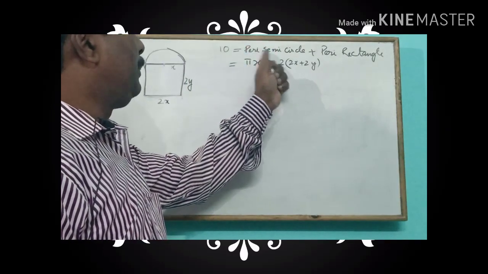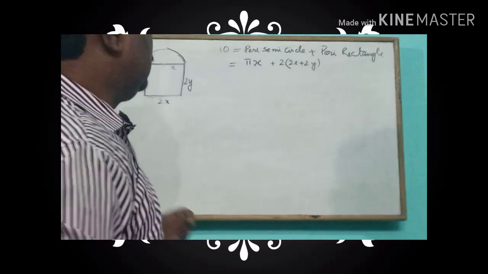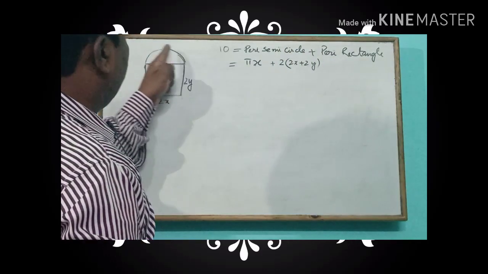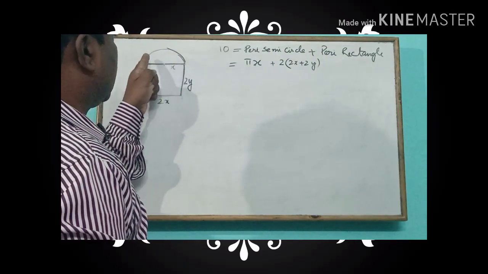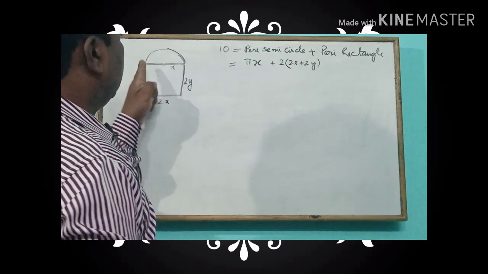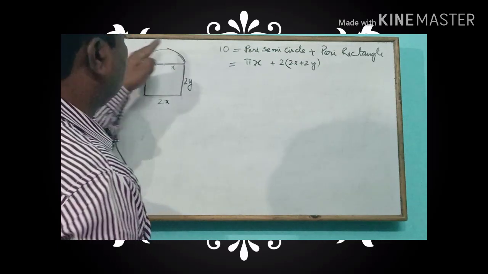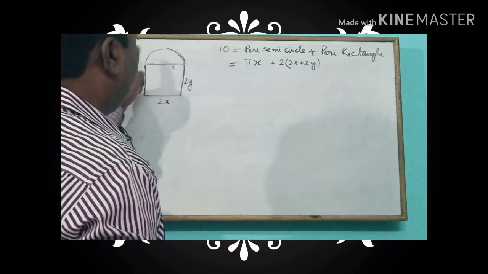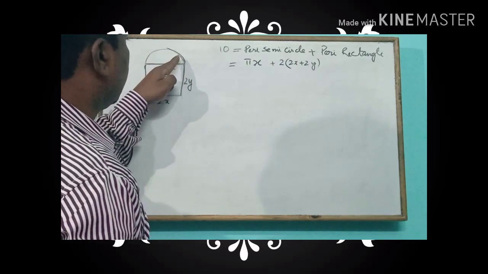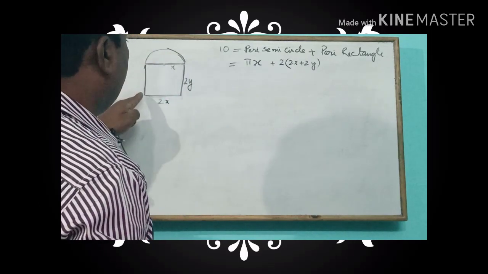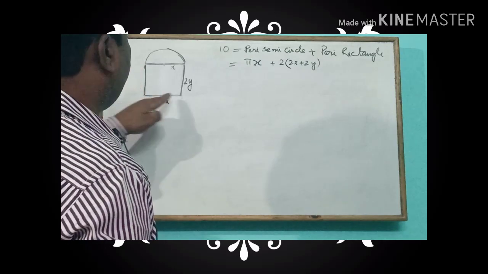So perimeter of the semicircle plus perimeter of the rectangle. We will have only the outer portion perimeter of the semicircle, because this is not considered. Only the outer length of the window will be the perimeter. The curved portion of the semicircle and these three sides.